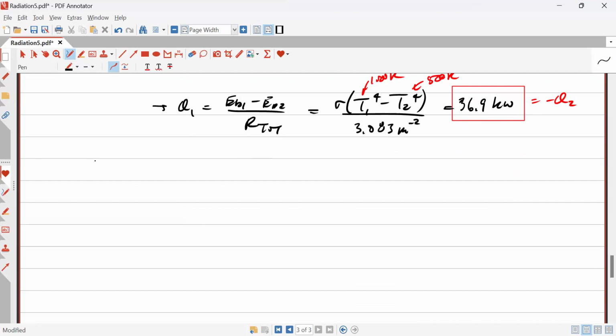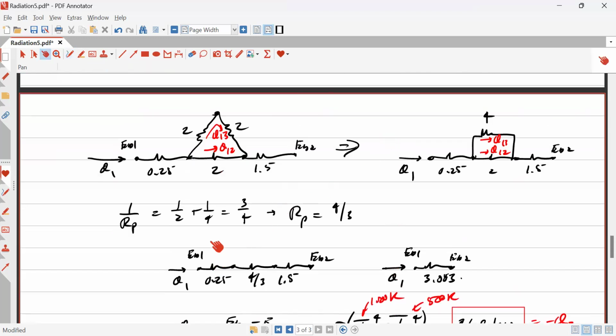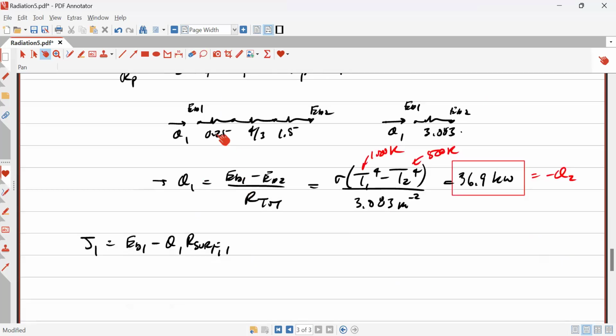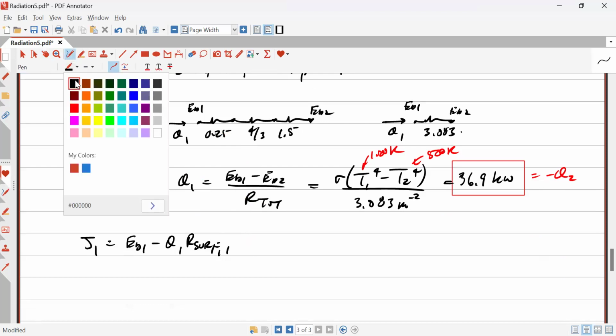First off, we want to find what J1 and J2 are. That'd be useful. So J1 is going to be EB1 minus Q1 times R surface 1, using our standard electrical resistance analogy. EB1 is the voltage here, J1 is next to it, and R surface 1 is between the two.